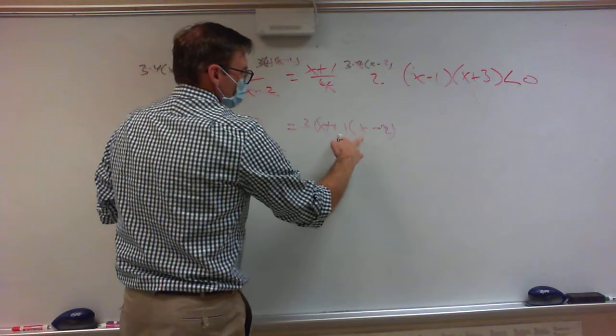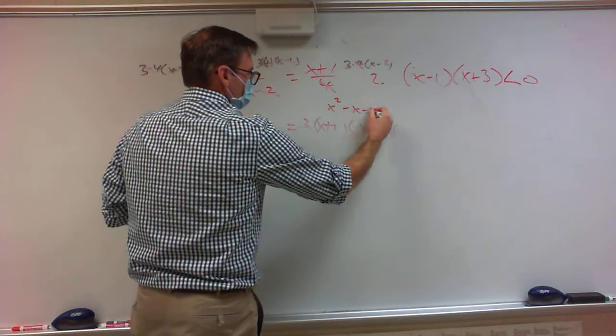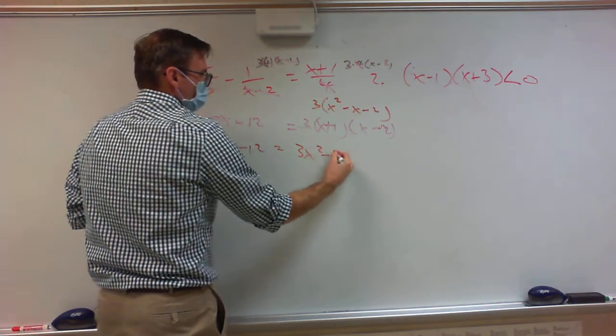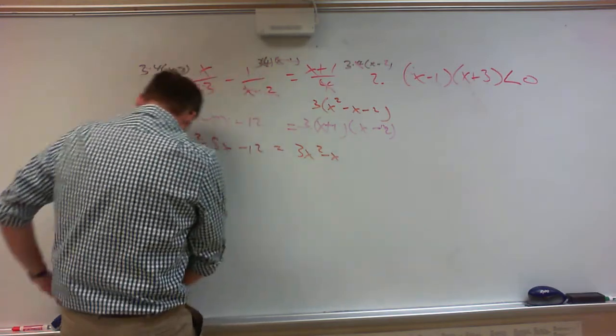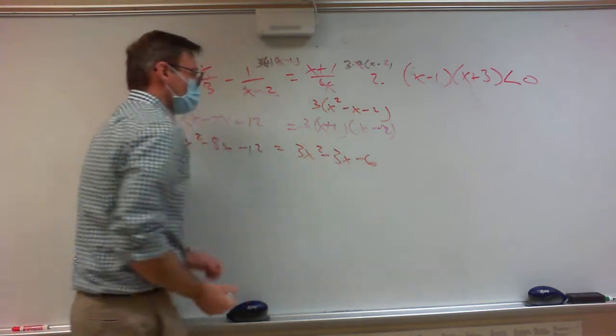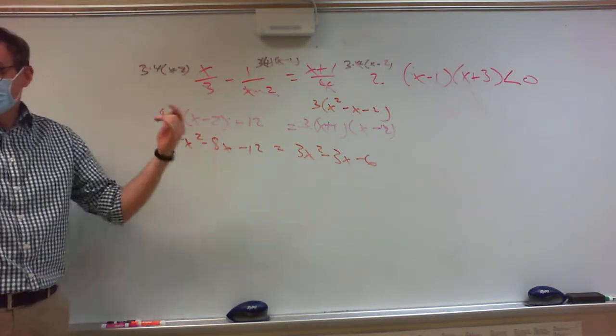To deal with this, I'm going to multiply those together, so that gives me x squared minus x minus 2. When I distribute 3, I end up with 3x squared minus x minus 3x minus 6.